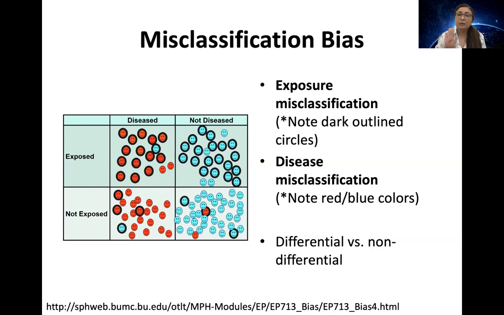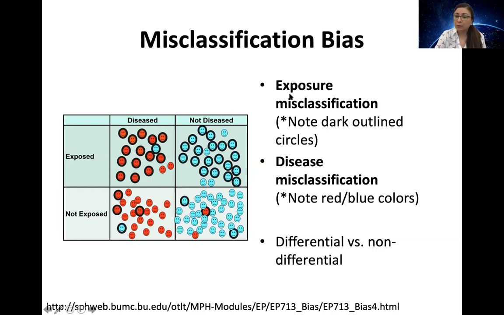Whatever method we used, there was some mistake that caused this person who should have been over here to be classified here, or this person who should have been up here to be over here. So this one, the one I just described, is the disease misclassification because the wrong color is in the wrong group. Now there's also, that's this definition.